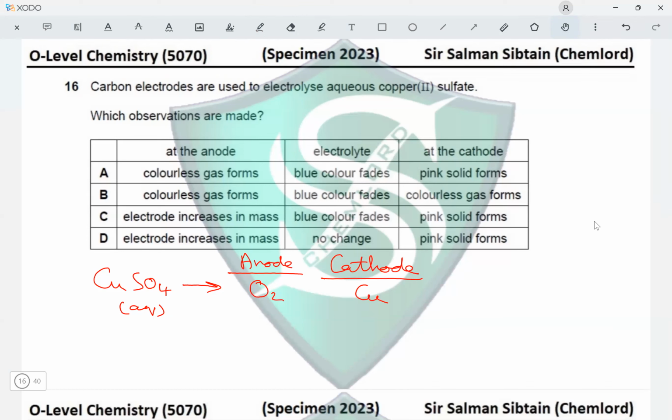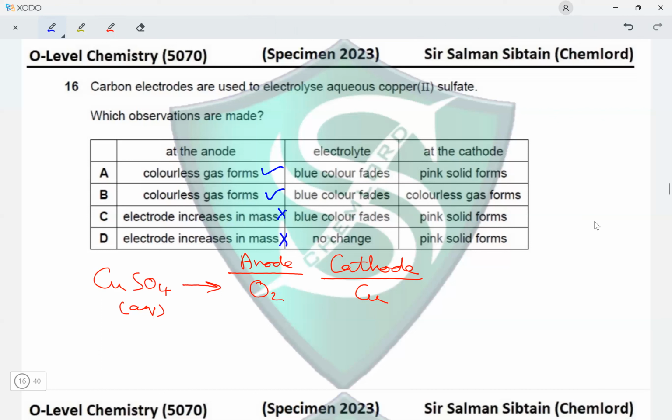Now, based on this, we would find out which option is correct. So at the anode, oxygen gas is produced. Option A says colorless gas forms. Yes. Option B says colorless gas forms. Yes. Option C says electrode increases in mass. No, nothing is deposited here in the form of a solid. And option D is also the same. So this is wrong.